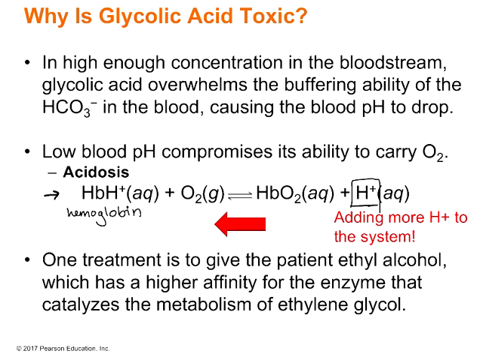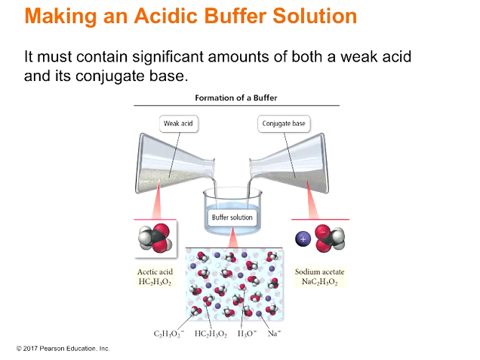So buffers are very important, but they do have a limit. So if you do add too much acid or too much base to a buffer, the pH can change, unfortunately. But let's talk a little bit more about how to make a buffer. So here we have an acidic buffer solution. And in an acidic buffer solution, we need significant amounts of both a weak acid and its conjugate base.